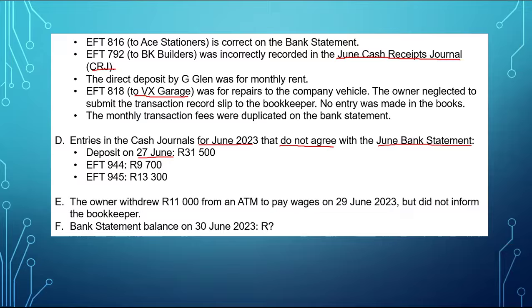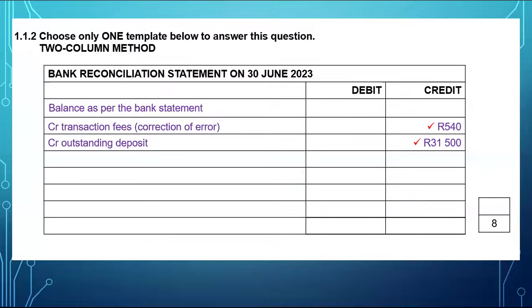Then we've got two EFT payments, the one for 9,700 and the one for 13,300. Those two will also be recorded on the debit side of the bank reconciliation statement as they were not recorded by the bank. When we prepare one column, these two amounts will be shown with brackets.